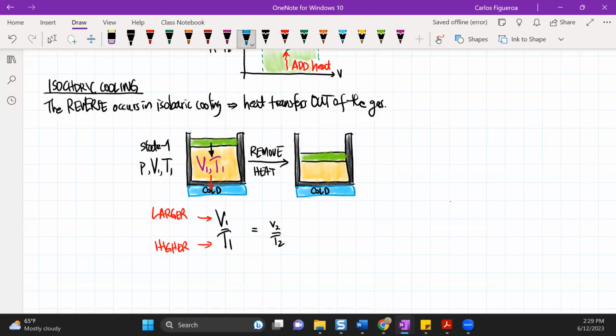So in this case, this is going to be smaller, and this is going to be a lower temperature. And so what happens here is that the gas continues to flow out. And as it does that, the ratio of volume to pressure has to stay constant. And so then if I look at my state 2, I'm going to have the same pressure, but a smaller volume and smaller temperature.